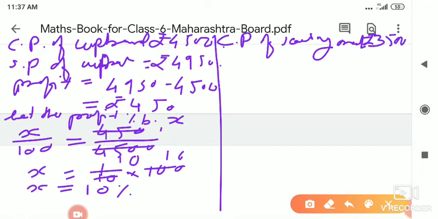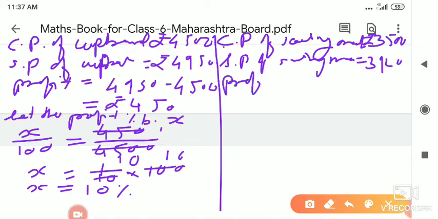And SP of sewing machine is equal to 3,920. So here also a profit is there. So let's find the profit.